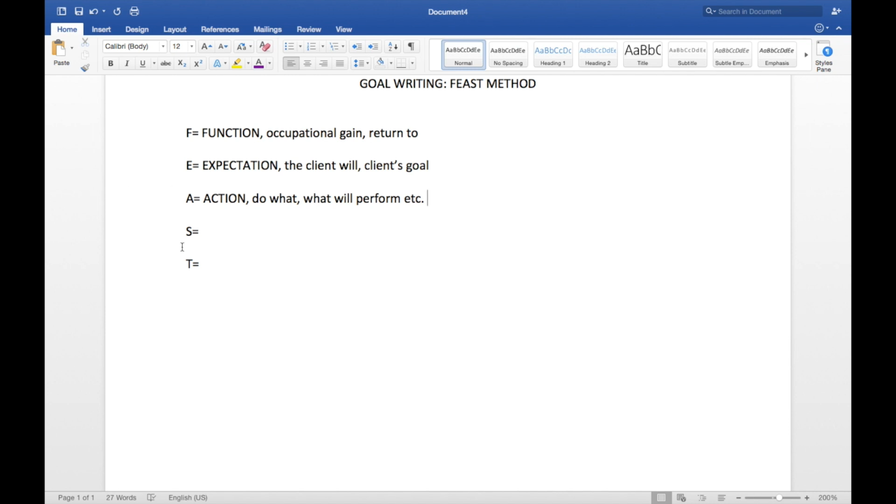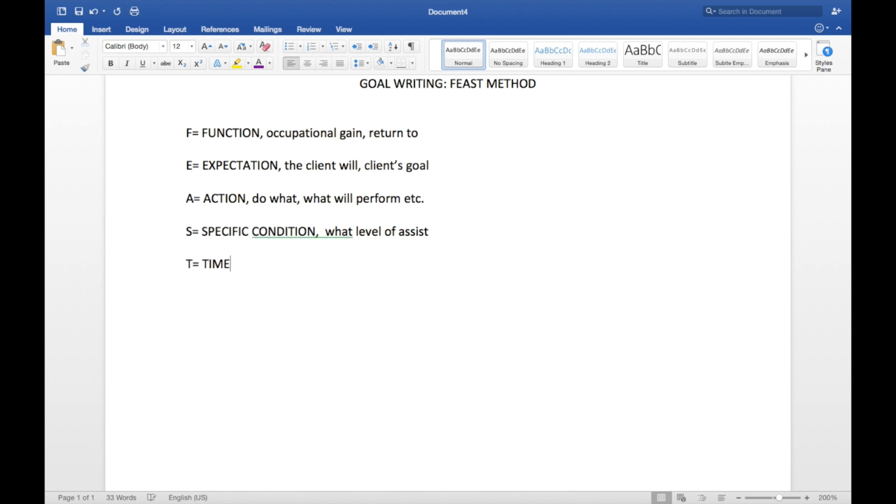Okay? The S stands for specific condition. And this is simply the level of assistance. And we know this as min-assist, mod-assist, max-assist, supervision. So this is being specific on what level of assistance is required.